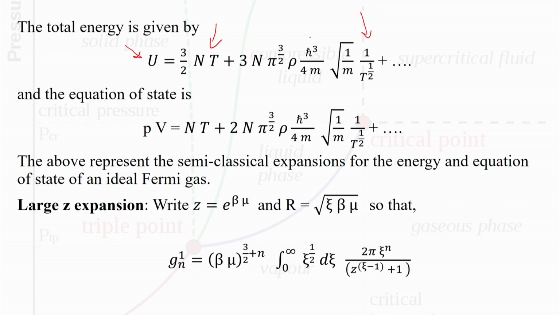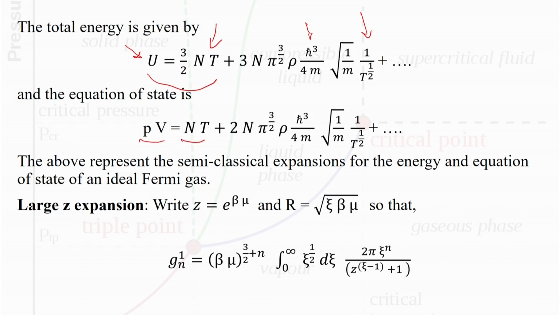Notice that Planck's constant appears prominently in the numerator. So, it is inviting you to make that tend to 0 and get back your classical result, which is total energy 3 halves n T.